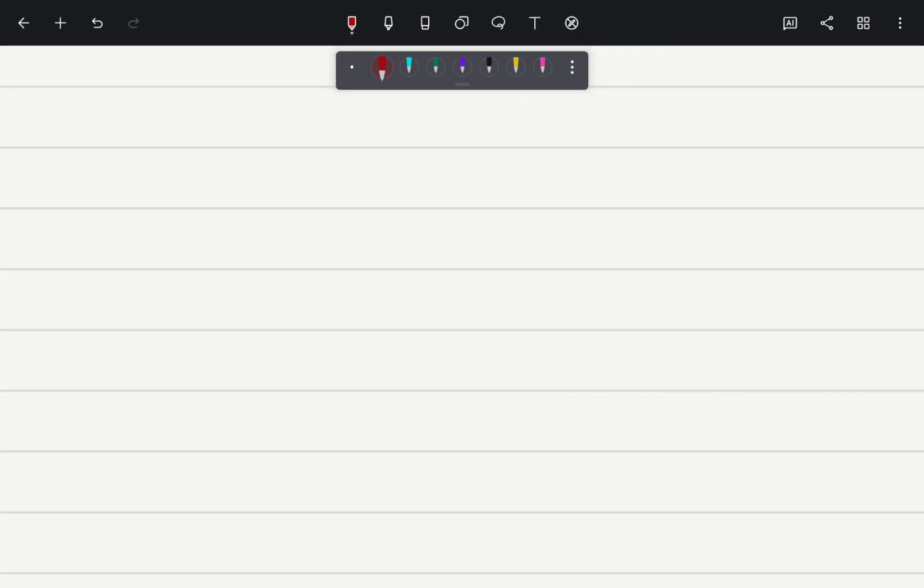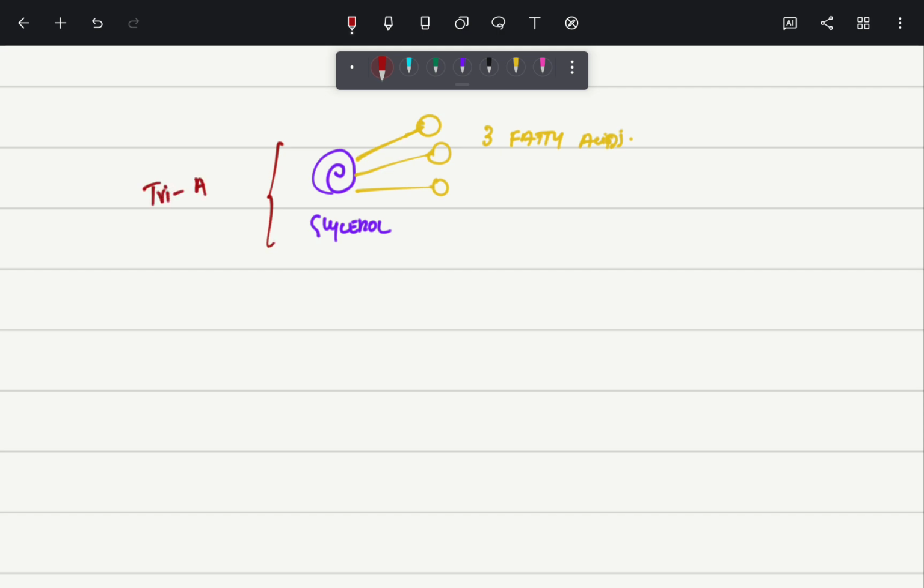Here I also want to mention that this is a glycerol, and to this glycerol there are 1, 2, 3 fatty acids. This entire component is your triacylglycerol.